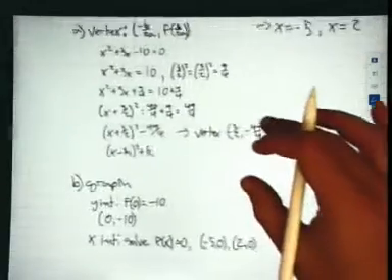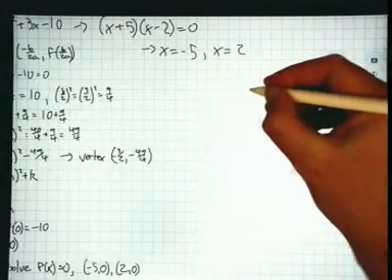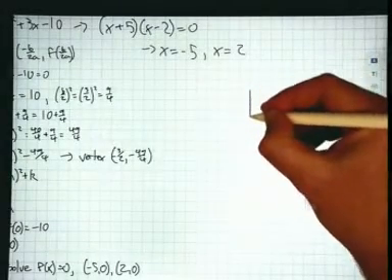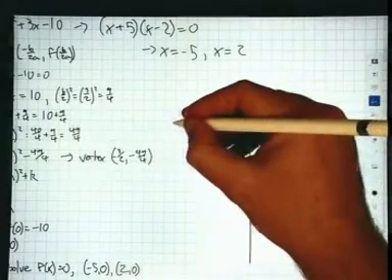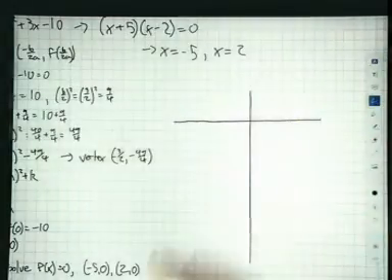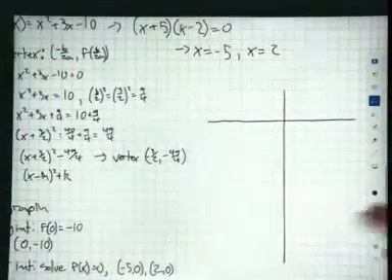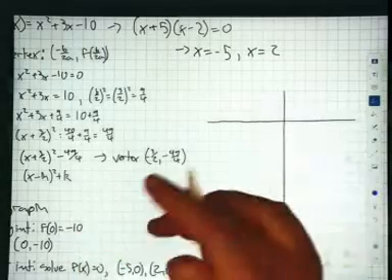Alright, so I think I can use this information to graph. I think I'll come over here. I think this will give me enough room. So, let's just go ahead and start plotting some points. We have a y-intercept at negative 10.